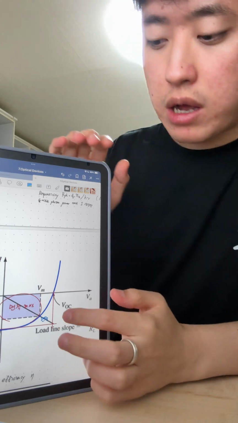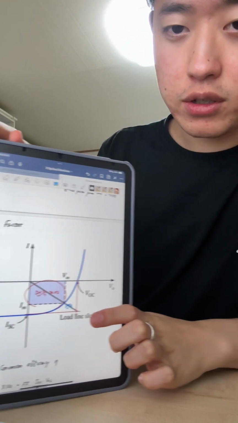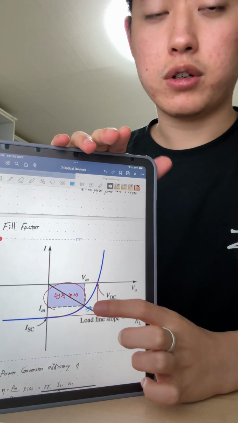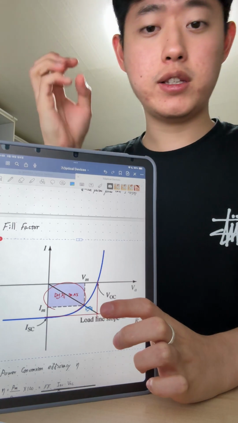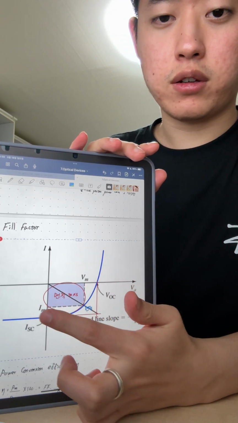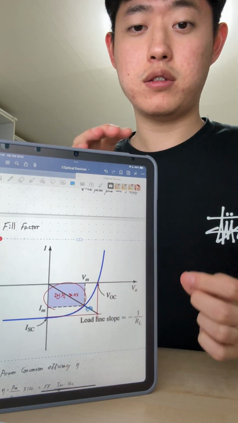Okay, so this is the graph of the IV curve of the photo device, and here the violet area is the real max power.